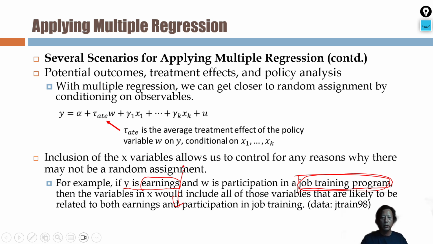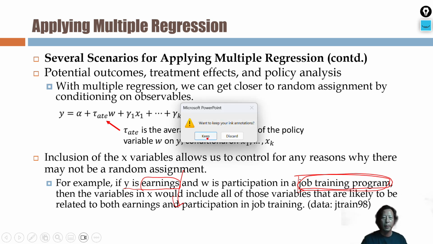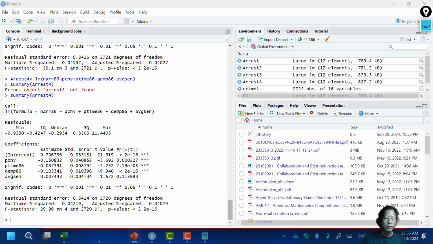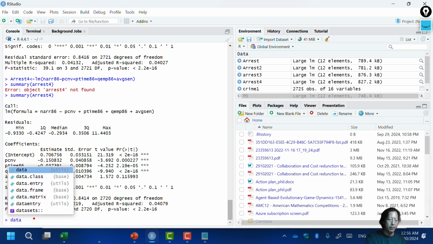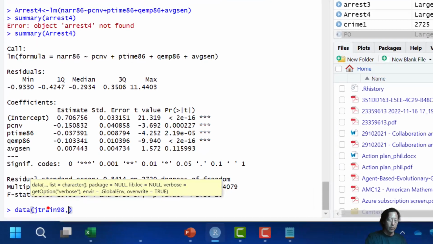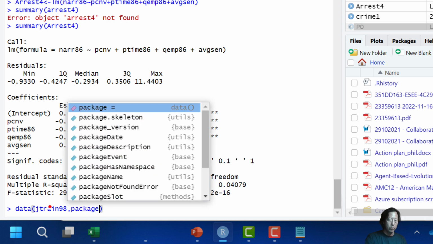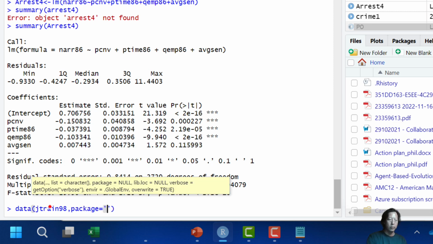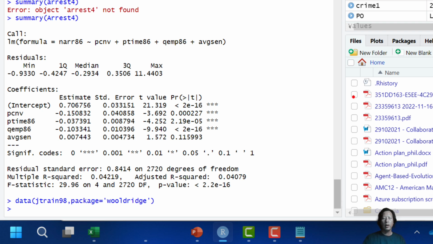So I will do this one, job training 98. Here, yeah, I will bring the data, jobtrain98, package equals wooldridge. Yeah, now we have the job training data.